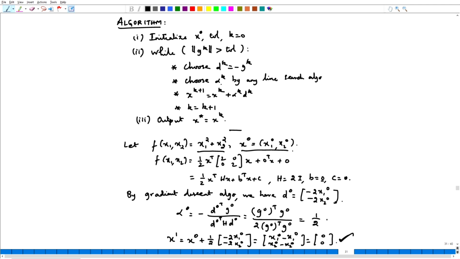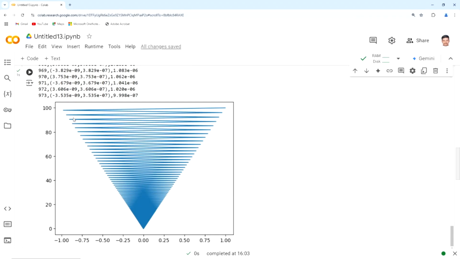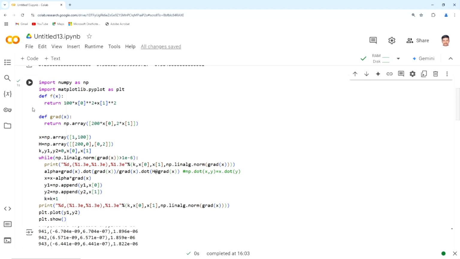We should choose alpha k only by the backtracking line search algorithm because exact line search is not going to work with analytically intractable problems, and we write xk plus 1 equal to xk plus alpha dk, or xk minus alpha k gk, and k equal to k plus 1. So, we will implement this particular algorithm. We just have to make some changes to the algorithm that we have with exact line search.